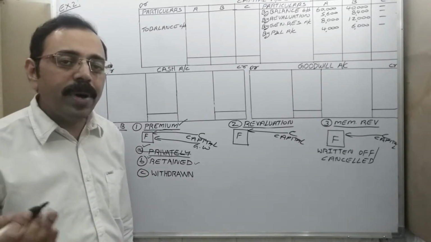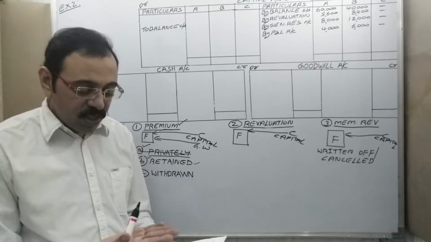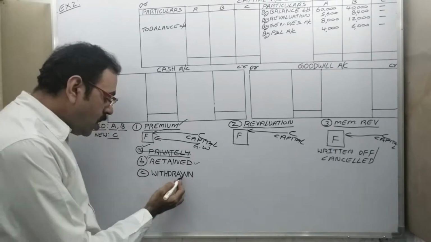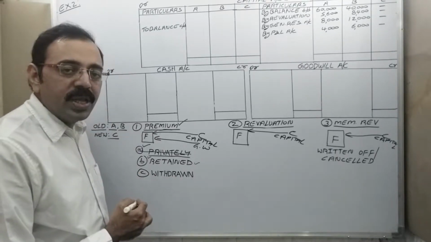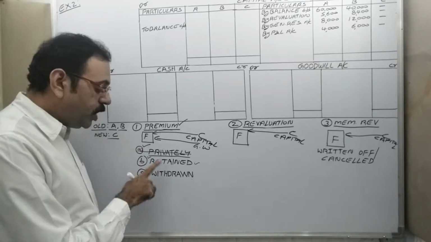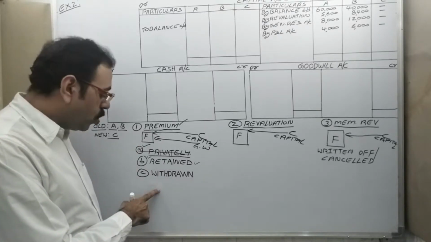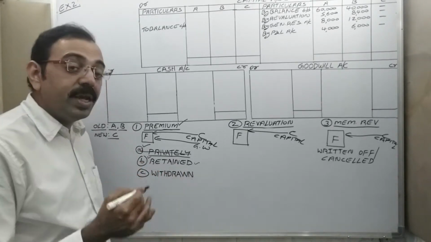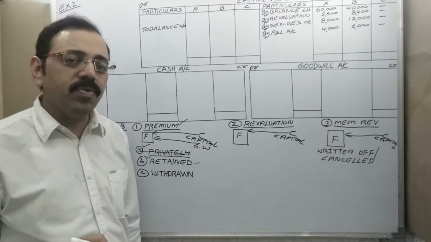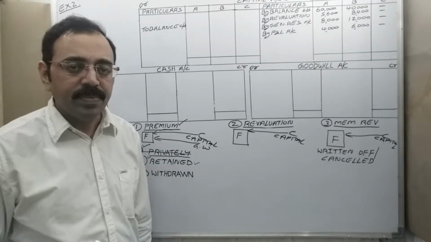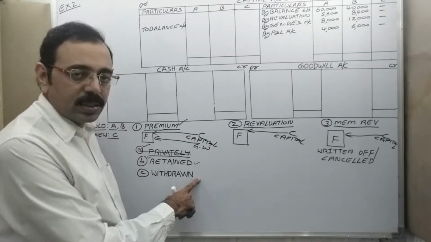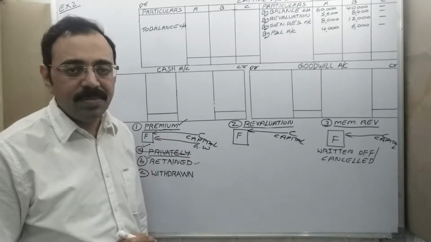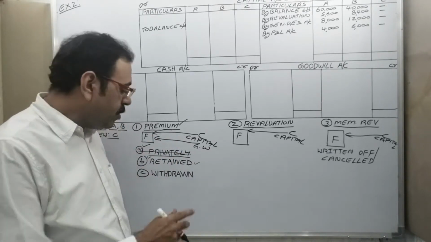Goodwill is to be withdrawn by old partners. That sentence is not given. The word withdrawn is not given. Therefore, this is not premium C also. If it is not premium A, and if it is not premium C, then we should go for premium B. He is not giving this sentence, goodwill is to be retained in the business. He need not give it. But we should understand: goodwill is not withdrawn by the old partners. What is the meaning of that? They want to retain the goodwill in the business. Okay? Sometimes he may give this sentence also.